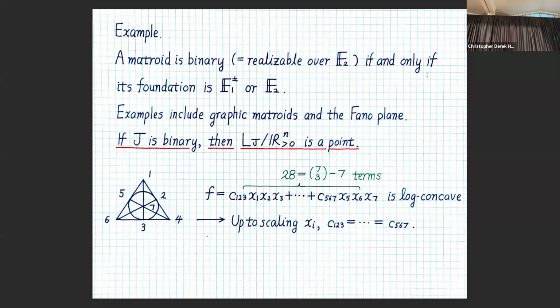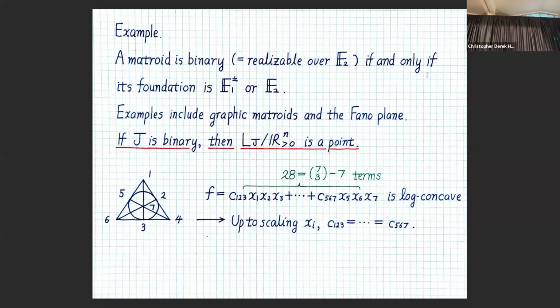And the statement that follows from the general theorem I showed you before is that if J is binary, then Lj modulo scaling action is a point. In other words, there is only one log-concave polynomial that you can produce by taking a linear combination of the monomials corresponding to elements in J.